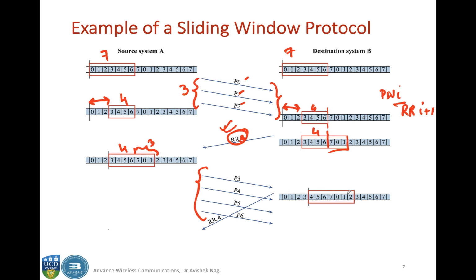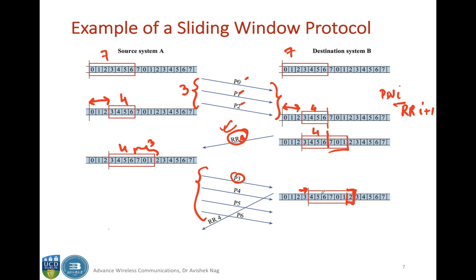So therefore the window size now expands by 1 place here and decreases by 1 place here. It was initialized at this point, so this decreases by 1 place because it receives P3 successfully, and since it sends out RR4 after receiving P3, it increases by 1 place to this.